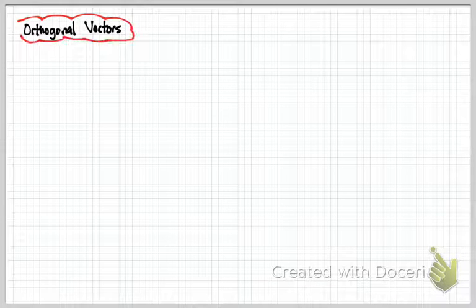Alright, orthogonal vectors have this definition.